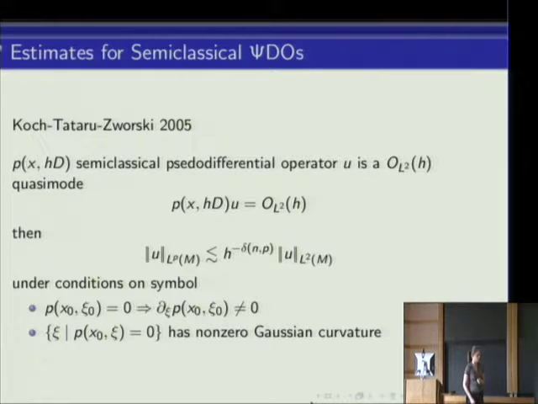The assumptions that they need on the symbol are that it vanishes simply, so we can't have the gradient vanishing at the same time as the symbol, and a curvature condition. So fix x naught, consider those xi for which the symbol is 0. We need that they have some curvature here, and this is often called a dispersion condition. And if those don't hold, then the estimate doesn't hold. You can get some other things, but particularly we really want this dispersion. The dispersion estimate is very important for spreading out of waves.